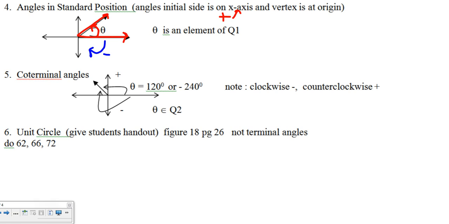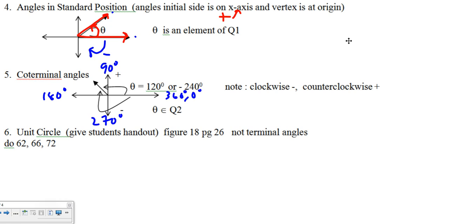Let's take a look at coterminal angles. Coterminal angles are angles that have the same initial side and the same terminal side. Now, when you draw an angle, notice that you have 90 degrees at top, 180 degrees, 270, and 360 or 0 degrees.